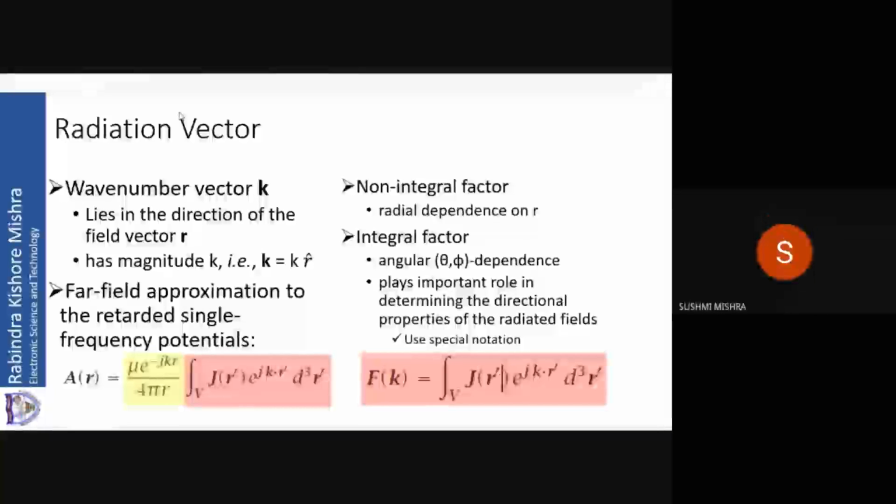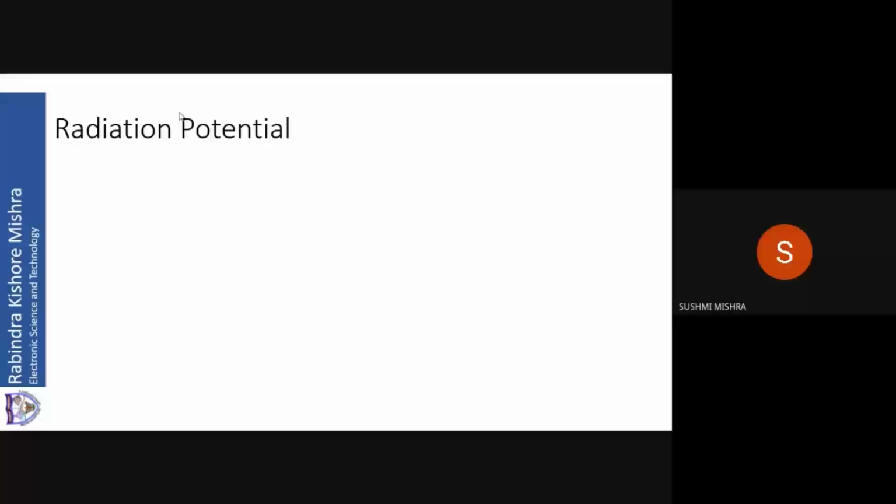So the second term we are writing as F(k), the first term is the non-integral term. So A(r) is basically the non-integral term times F(k), where F(k) is the integral term. So that is what we are going to do now.